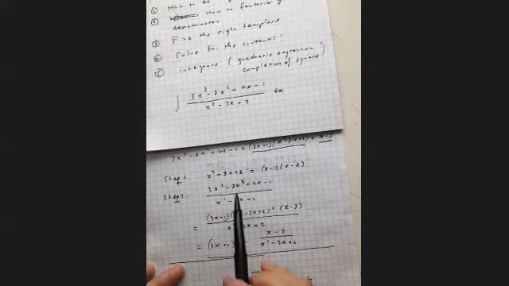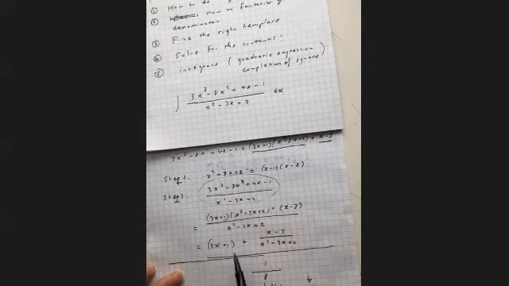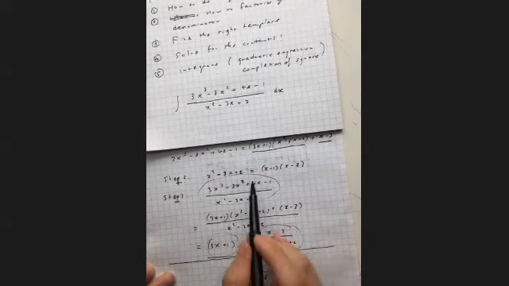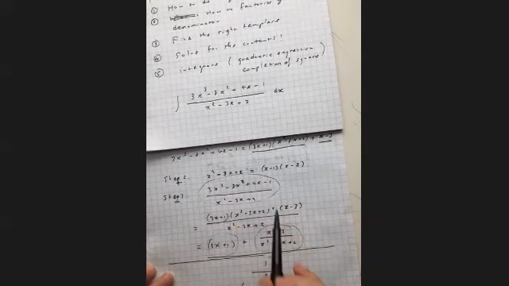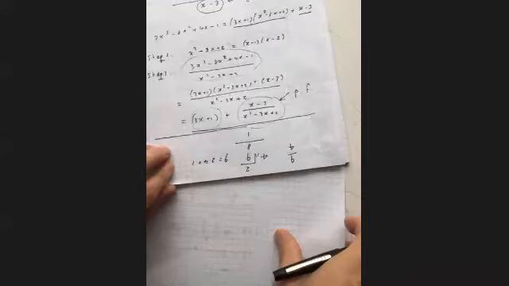So integration of this expression is the same as integration of this part, which is a polynomial, which is very easy to attack, together with integration of this smaller piece, the other piece, where we are going to apply partial fraction. Okay, we're not going to apply partial fraction directly to everything here. It is to this part we apply the partial fraction technique. Okay, so let's move on to the next step.